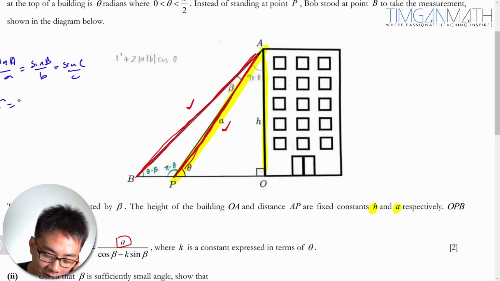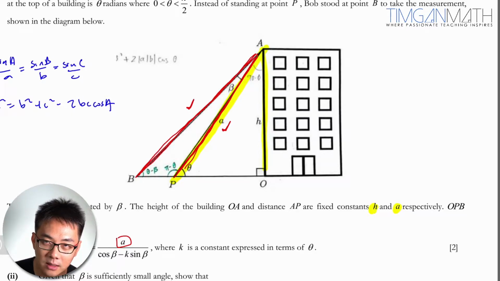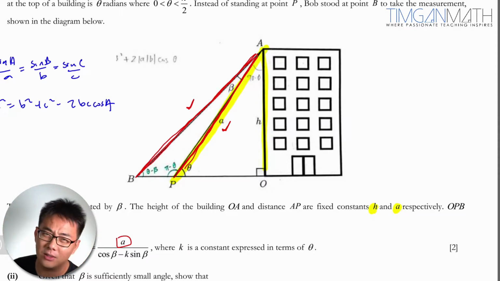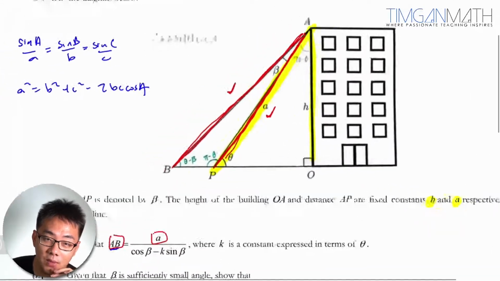Then the cosine rule is a squared equals b squared plus c squared minus 2bc cos A. Are the cosine rule and sine rule formulae in MF26? Go and figure it out yourself. Spoiler alert, the answer is no. So basically you need to memorize the cosine rule and sine rule. Maybe I may be wrong, go and check.